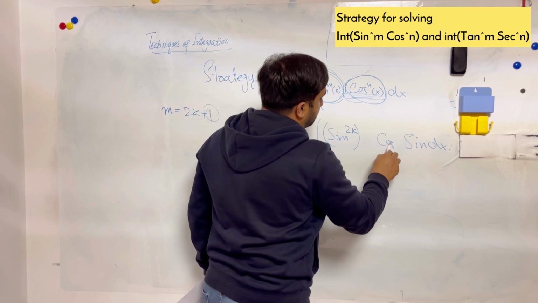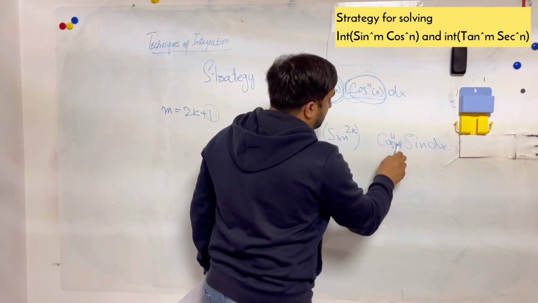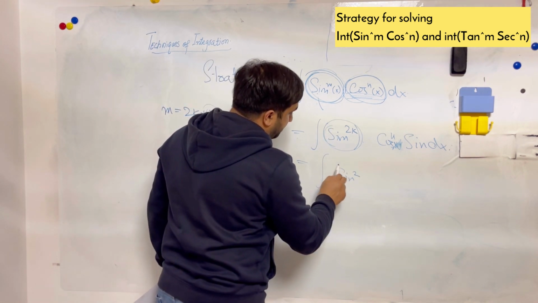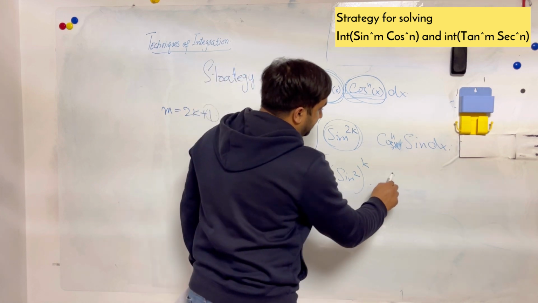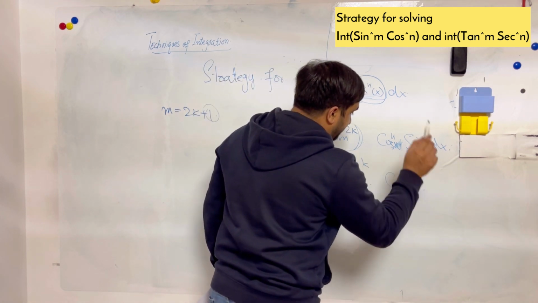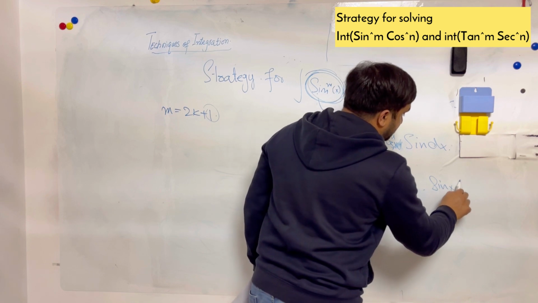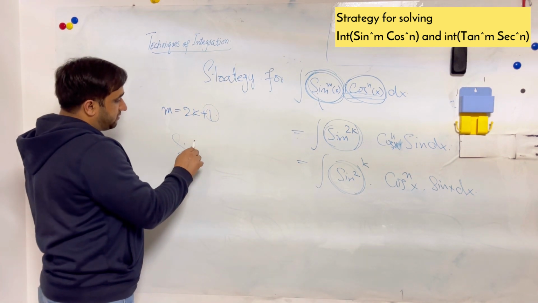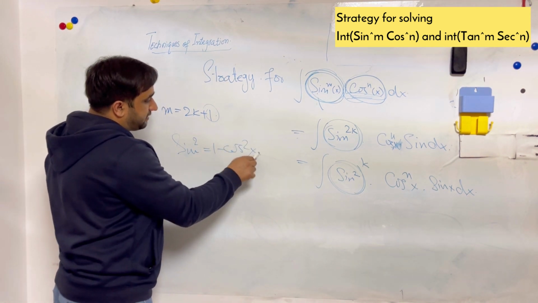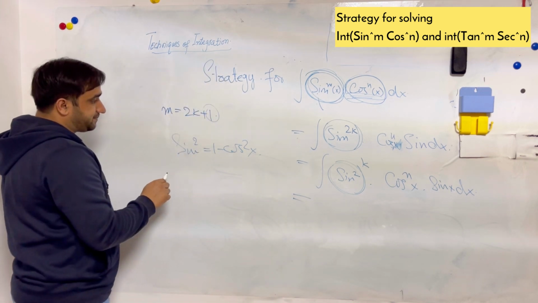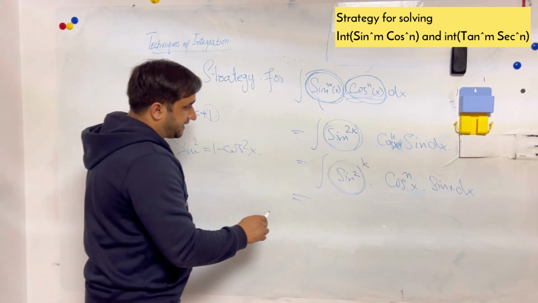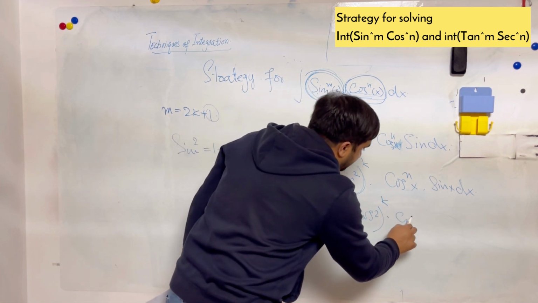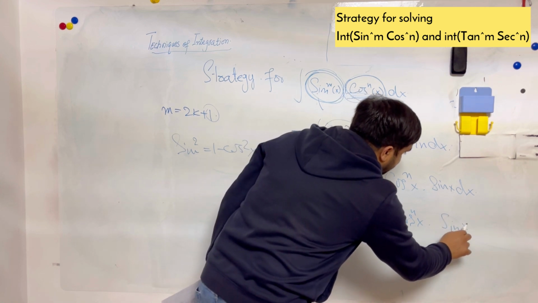If the power is 2k plus 1, the remaining will be 2k, with one factor taken out with the dx, and this cos n x is already here. Now this can be written as sine square raised to the power k, cos n x, sine x dx. I know something about sine square: sine square is equal to 1 minus cos square. So I can replace it, and it will become 1 minus cos square raised to the power k, cos n x, sine x dx.